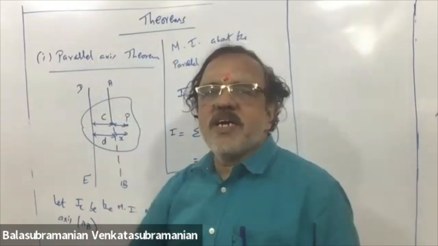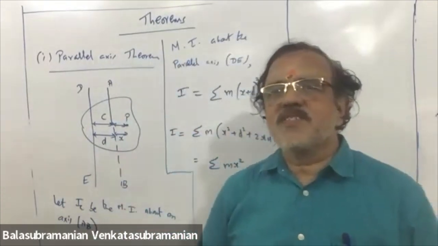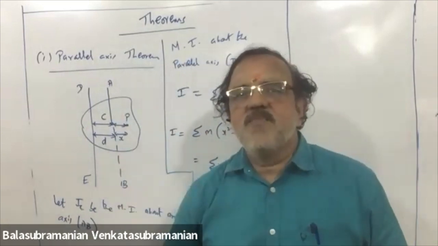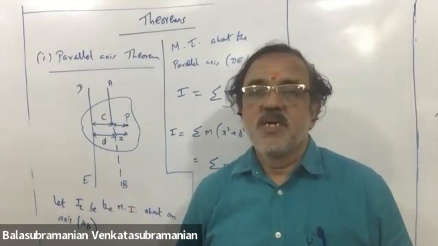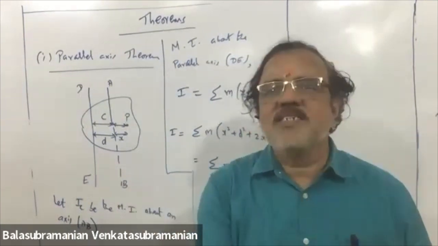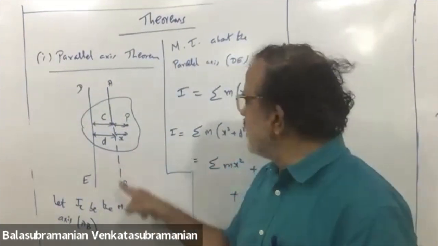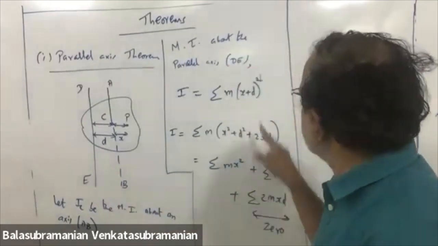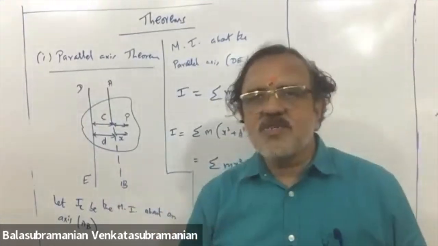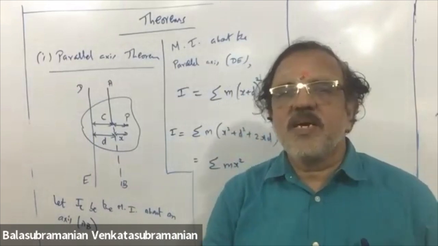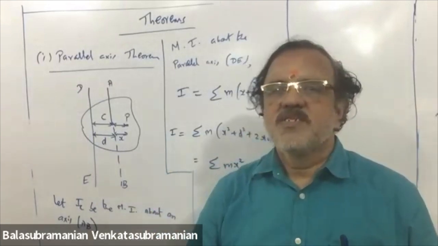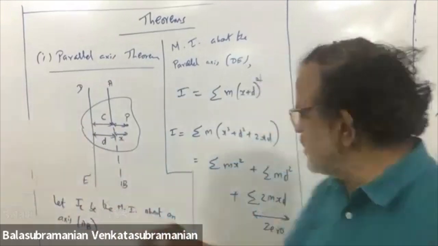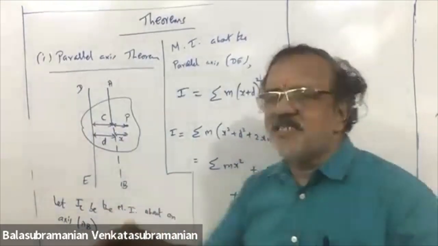Everywhere you will not get d plus x or x plus d. You may get somewhere d minus x also. In the case of d minus x, the whole square, d square plus x square minus 2xd term will come. So that minus 2xd and this plus 2xd will get cancelled.